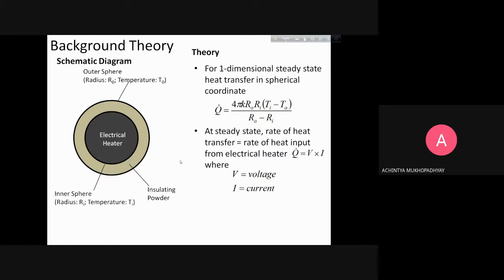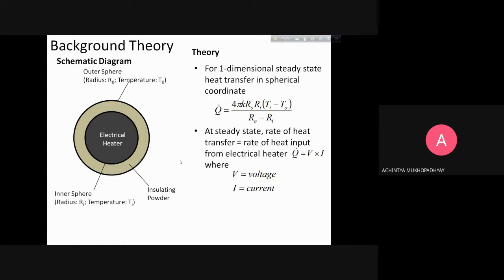But in case of a spherical geometry, if you can ensure that there is no variation in the angular direction, so what are the three coordinates in a spherical geometry? R, theta and phi.